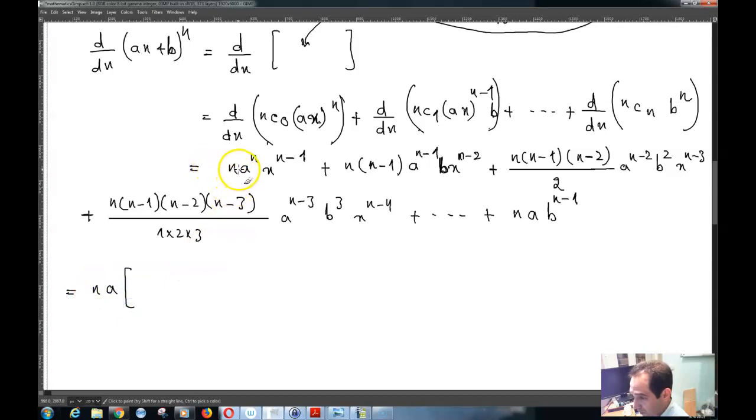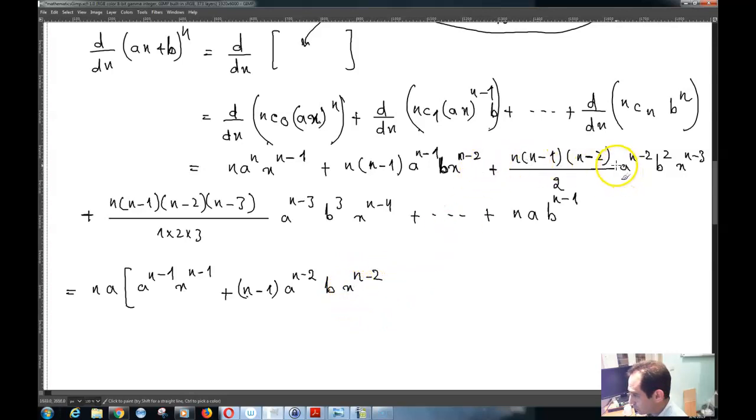What I will get is basically a raised to the power n minus 1 times x raised to the power n minus 1. And then over here I will get n minus 1 times a raised to the power n minus 2 times b times x raised to the power n minus 2.